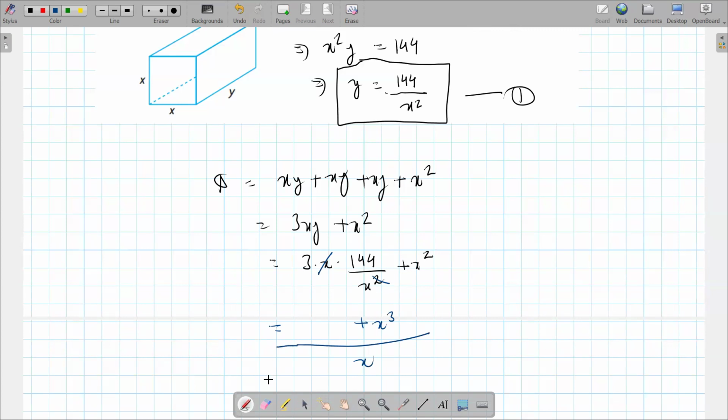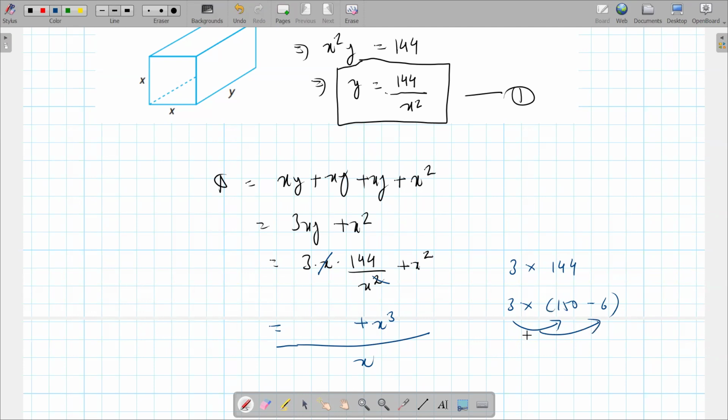What's 3 times 144? I want you to think of it like this, okay? 3 times 144 is 3 times 150 minus 6, right? What's 3 times 150? It's 450. And then 3 times 6 is 18.